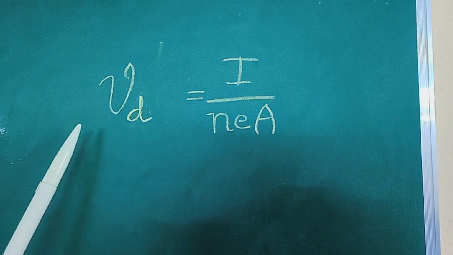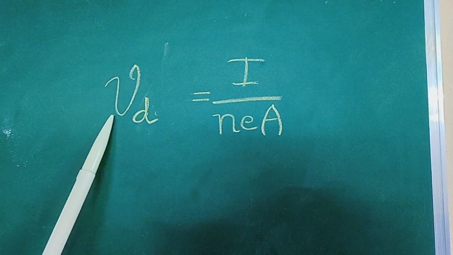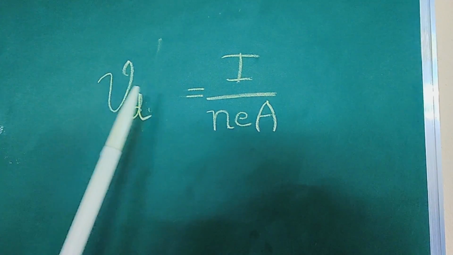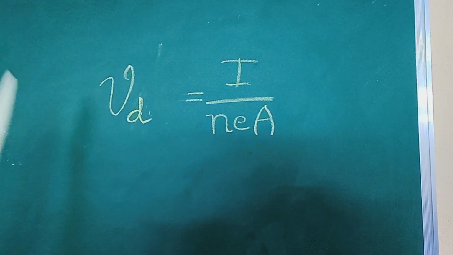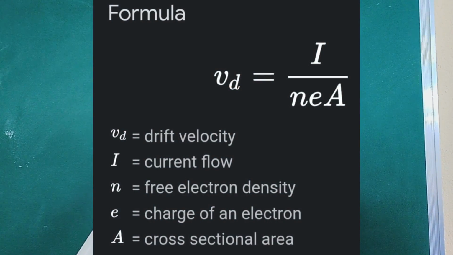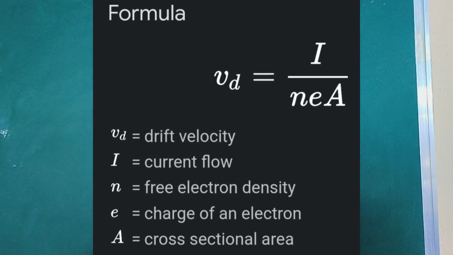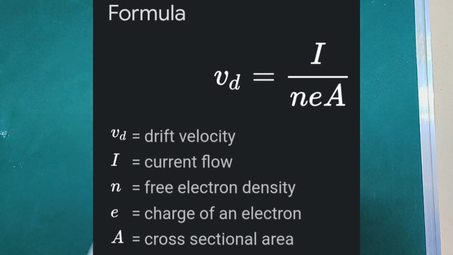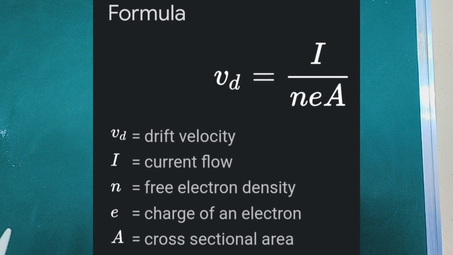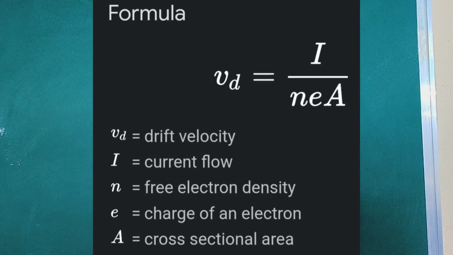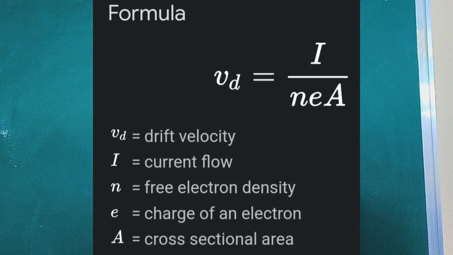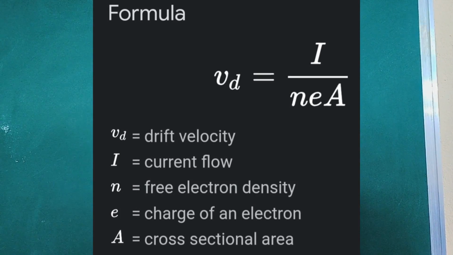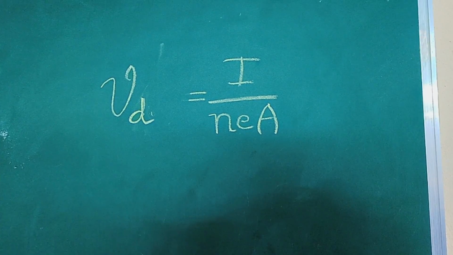We have one formula here: drift velocity Vd is equal to I by NEA. Here I means the current flowing in the material, N means the number of electrons, E means the charge of the electron, and A means the area of cross section of the conductor. So we can calculate the drift velocity of the material with this formula.